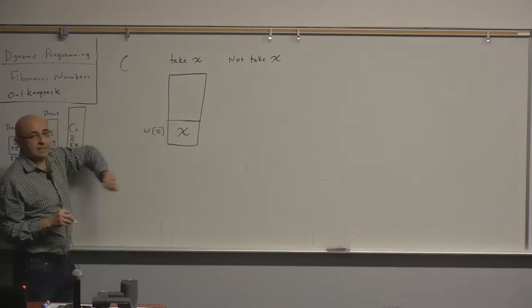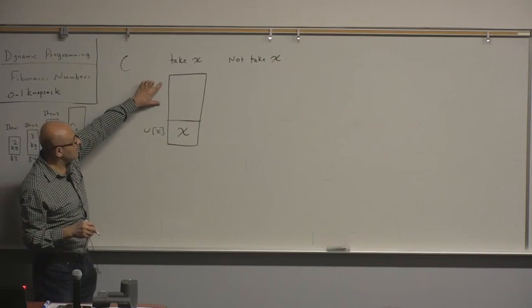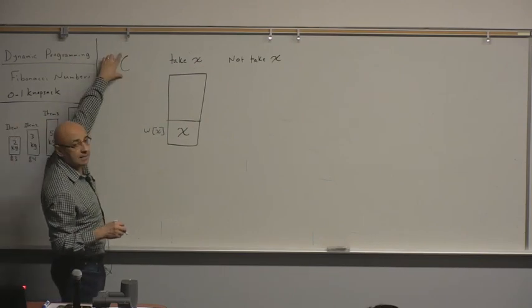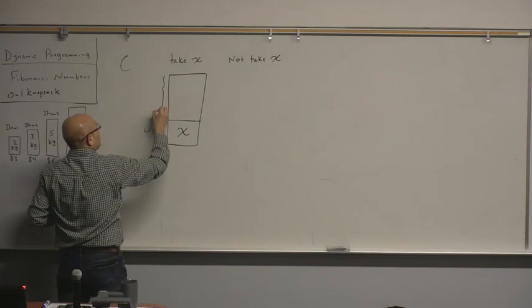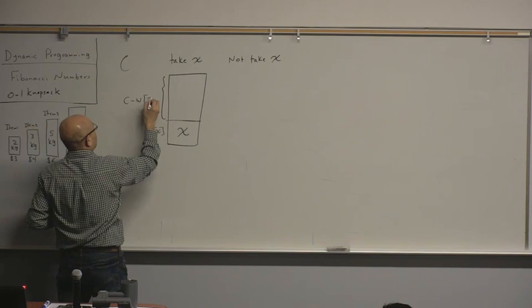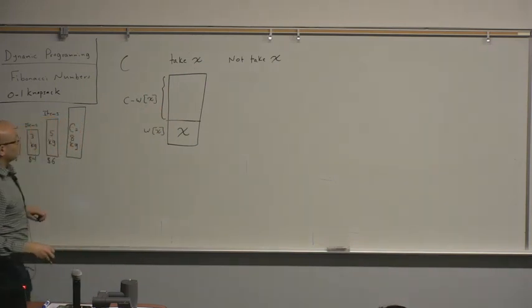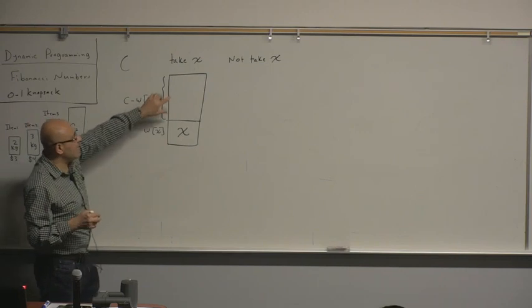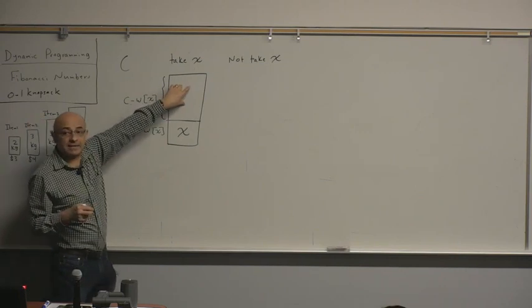If I take x, then the space that is left in the knapsack, if the entire capacity is C, is going to be C minus W of x. So if I take x, I will have C minus W of x left in the knapsack.